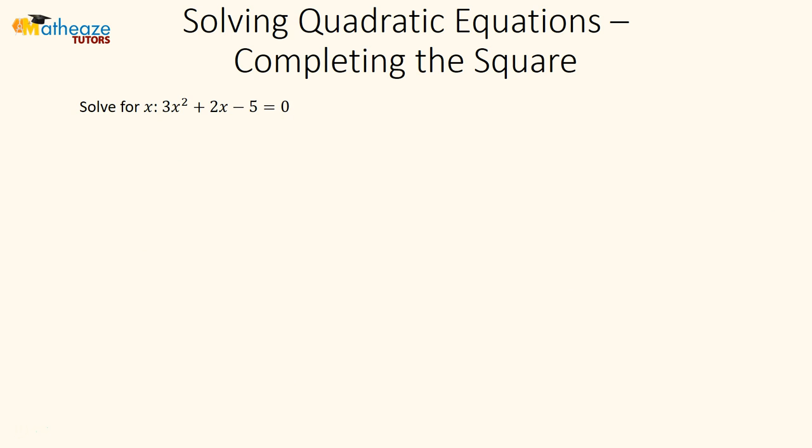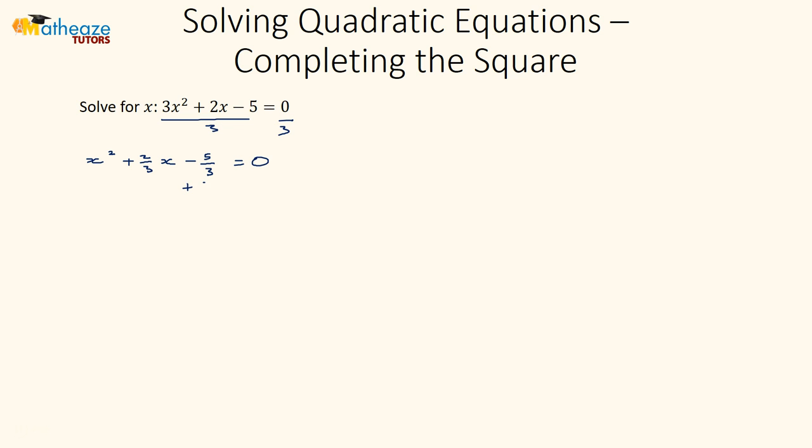And then finally, we have 3x squared plus 2x minus 5 equal to 0. So we're going to first divide the whole thing by 3 on both sides. So we have x squared plus 2 over 3x minus 5 over 3 equal to 0.